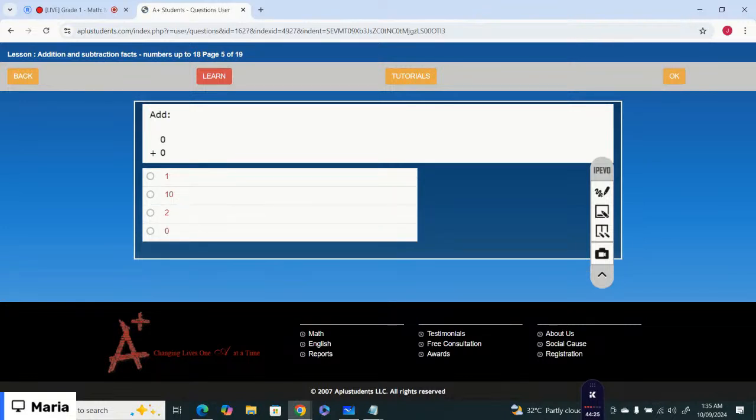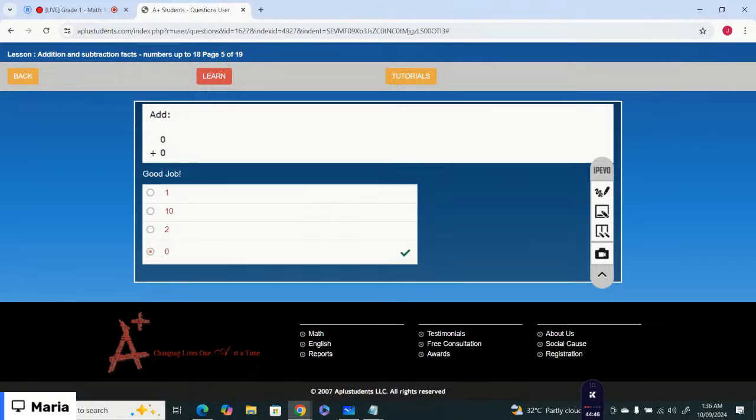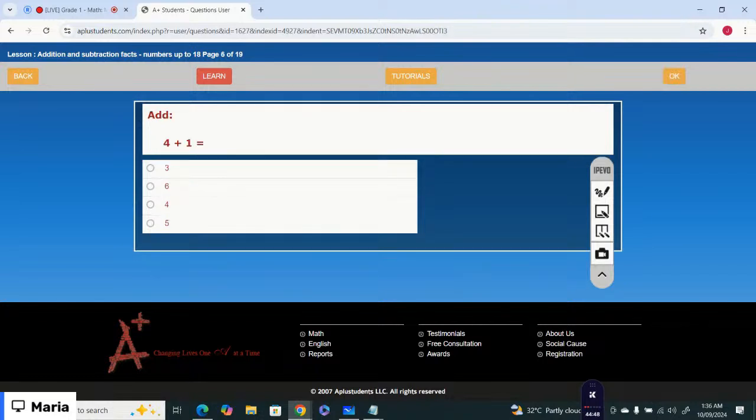0 plus 0. So which is the correct option? 0 plus 0 is, yes, 0 it is. The correct option is 0. Okay, the next one is 4 plus 1.